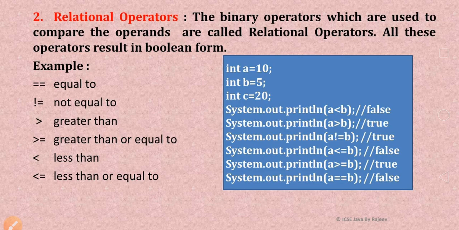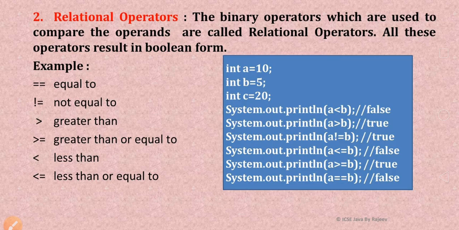Examples of relational operators are equal to, not equal to, greater than equal to, less than equal to. Here just concentrate on equal to. In Java the equality is checked with the double equal to sign, not with a single equal to.